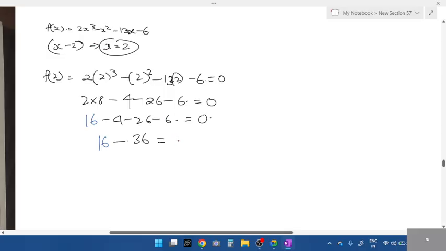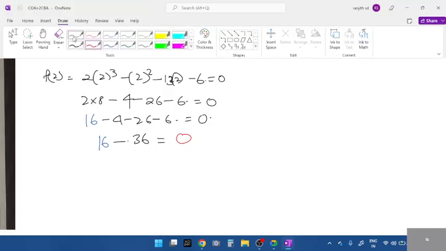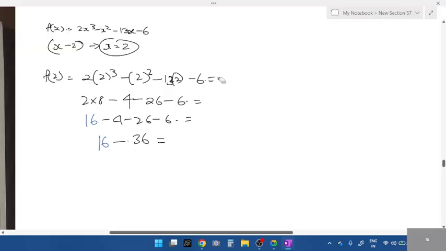Okay, what's the answer? This is not equal to 0, students. What's the value you'll get? Minus 20. So what is the statement you have to write? After solving, the remainder is not equal to 0, right?